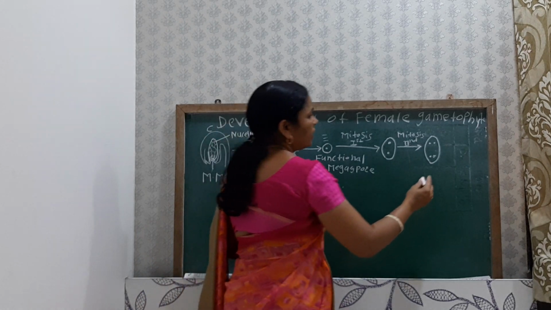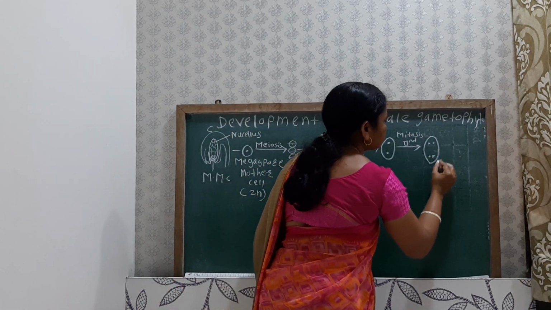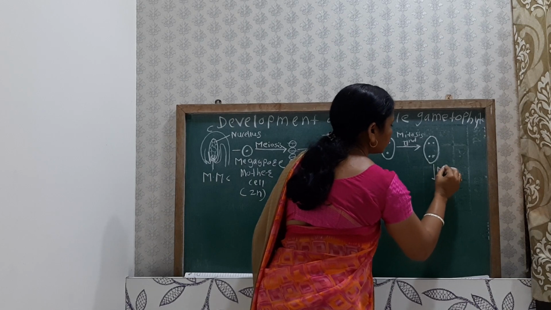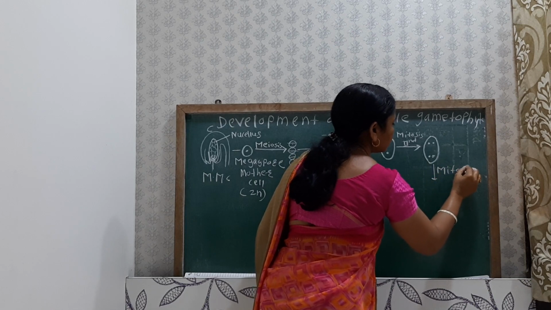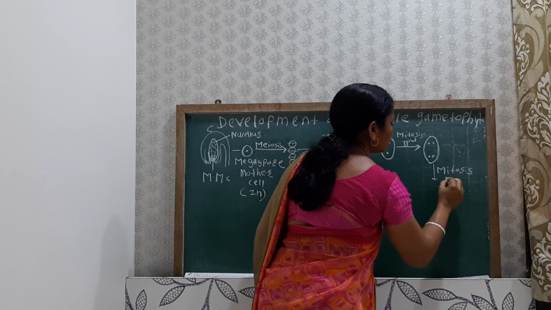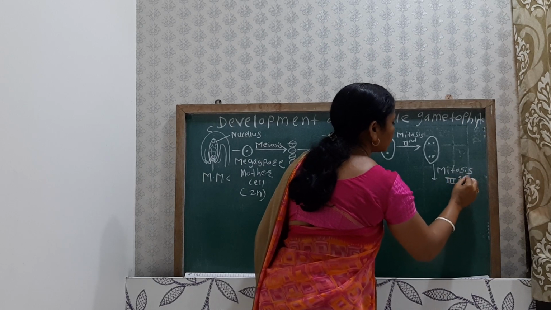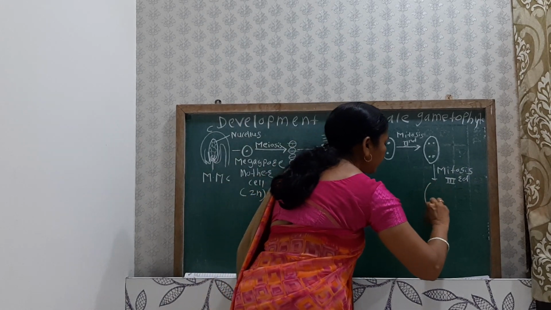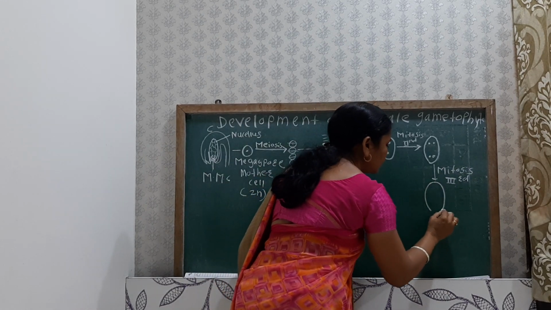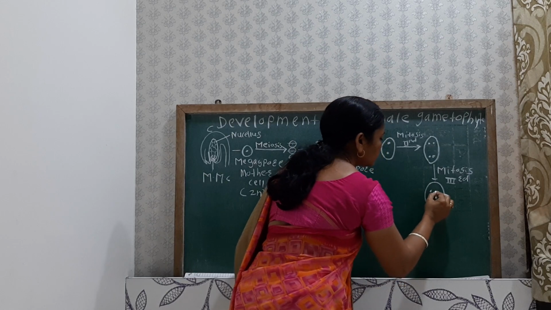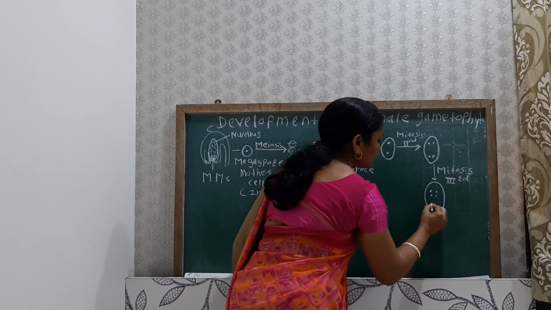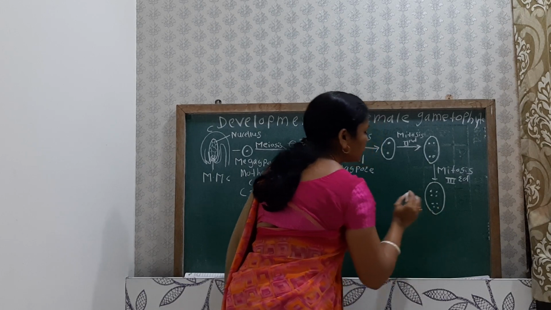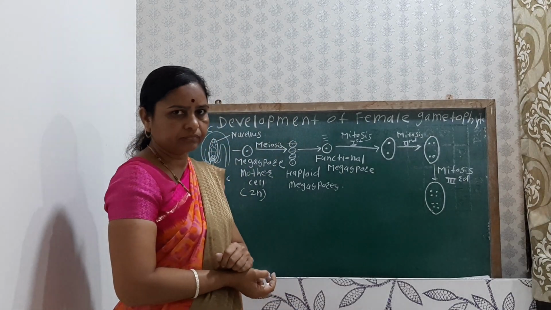Then again the third mitosis takes place. After the third mitosis, the 8 nucleated structure is produced.